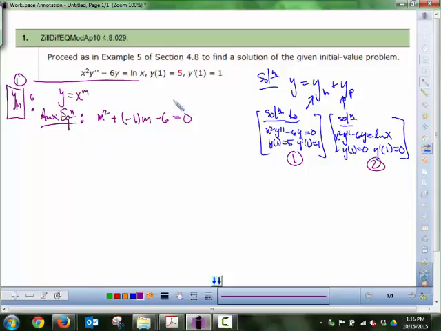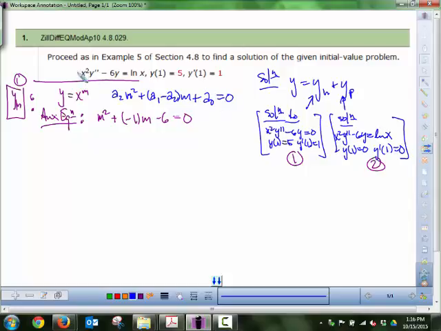I'm trying to take a shortcut and remember the formula. If this is a2 m squared plus (a1 minus a2) m plus a0 is equal to 0, that's your auxiliary equation.